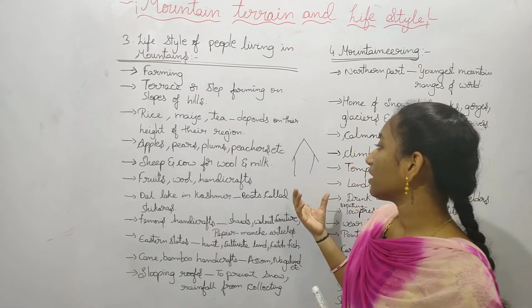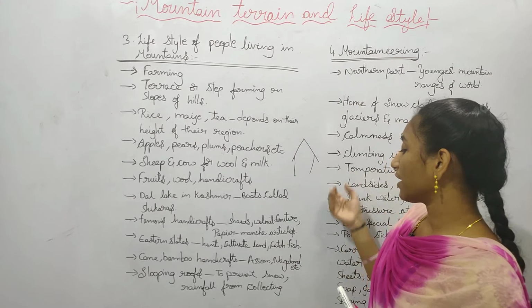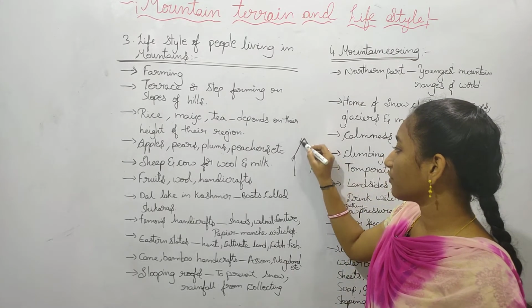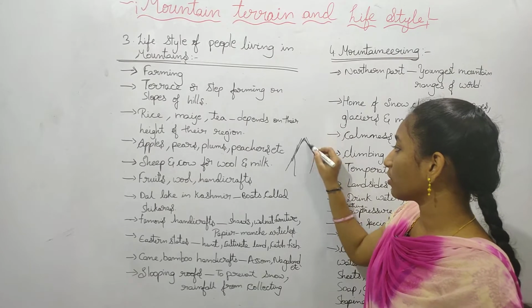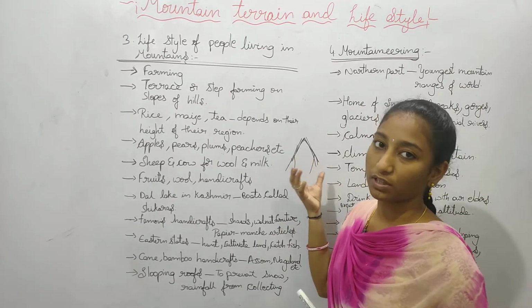These prevent snow and rainfall from collecting; the snow and rainfall fall down to the ground and do not stay on the roof.